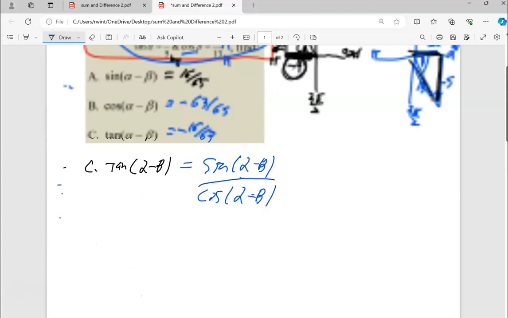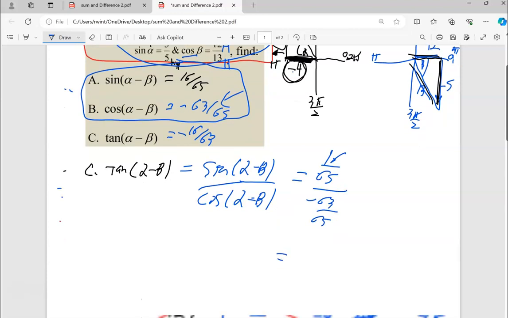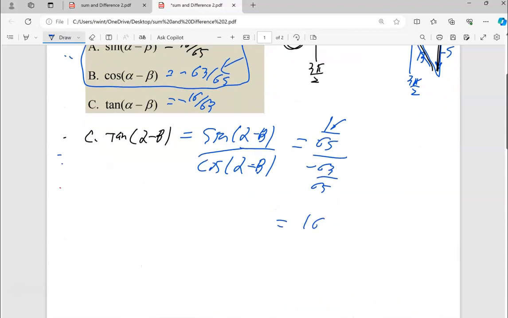How does that help? I already know what those two things are. So that's 16 over 65 divided by negative 63 over 65. And then all I had to do is multiply by the reciprocal. 16 over 65 times 65 over negative 63. And I get that.